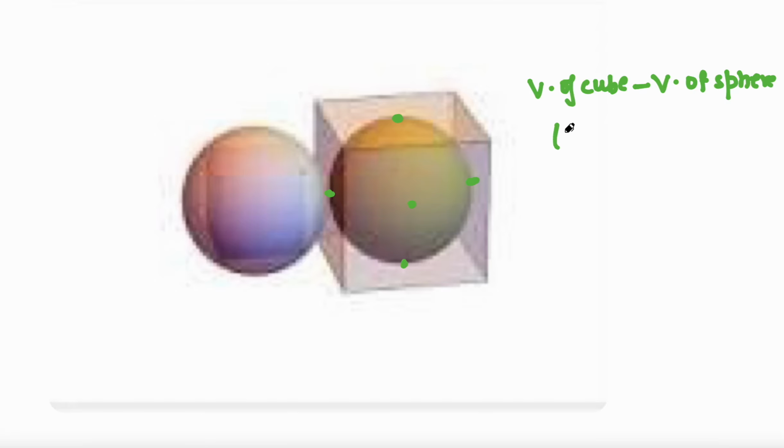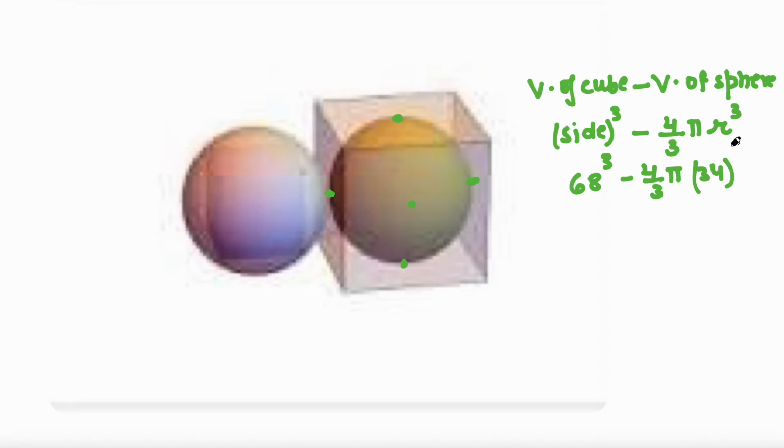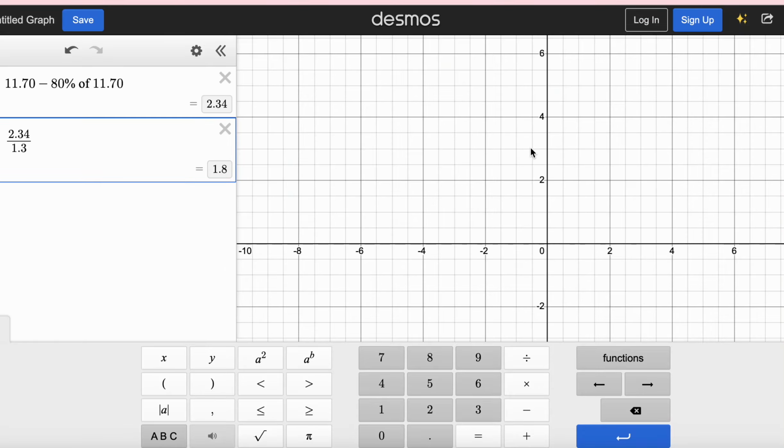And what is the volume of the cube? That is the side length cubed. Minus the volume of the sphere, which is 4 by 3 pi r cubed. Now what are the values? 68 is the side length, minus 4 by 3 pi, and 34 is the radius, cubed. Again, I'm going to use the calculator for this.